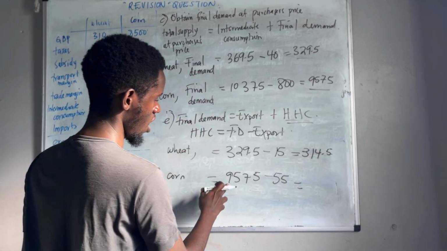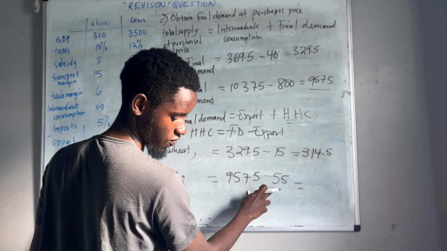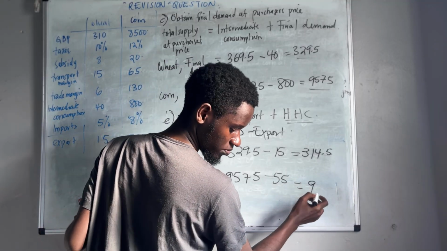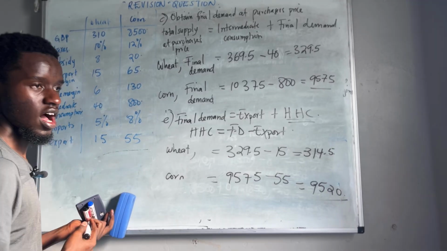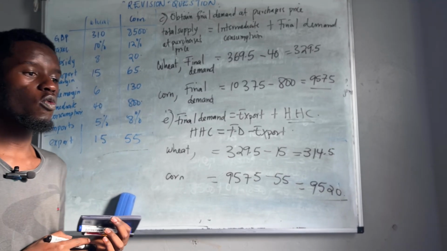And then 9575 minus 55 is going to be 9520, something like that. And by that, we shall have concluded our question.